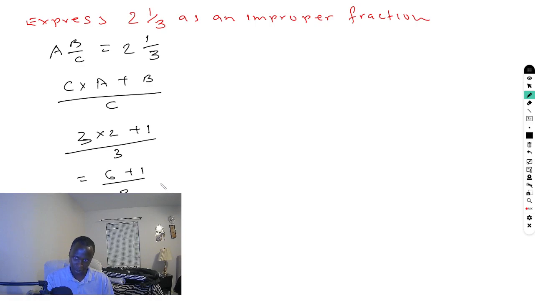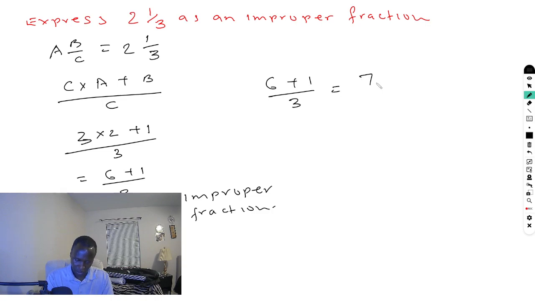That means it will be 7 over 3. So this is the improper fraction. Oh, sorry, my screen is hiding some stuff. So the answer is actually 6 plus 1 over 3, which is 7 over 3. This is the improper fraction.